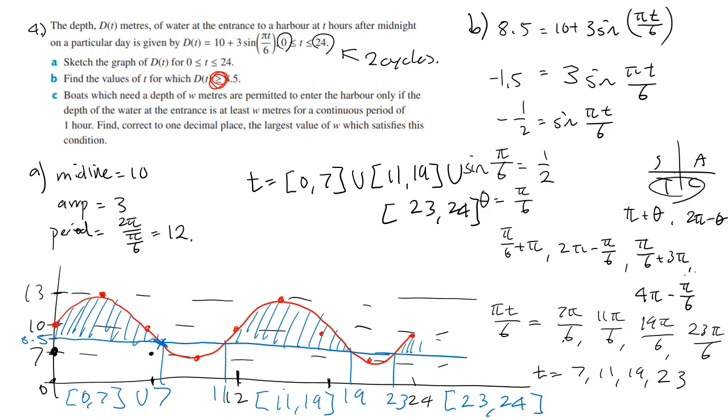Now, let's draw a bigger graph. That's around 12. Now I'd say that's around 10. Actually, we'll only draw one period.